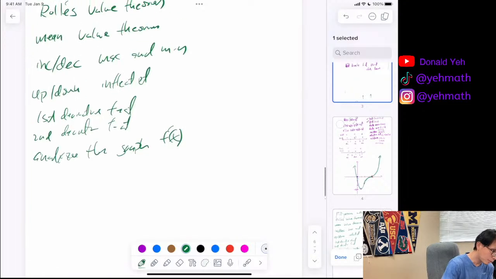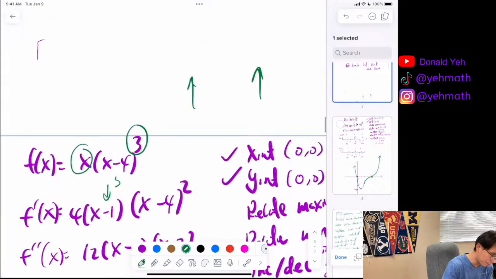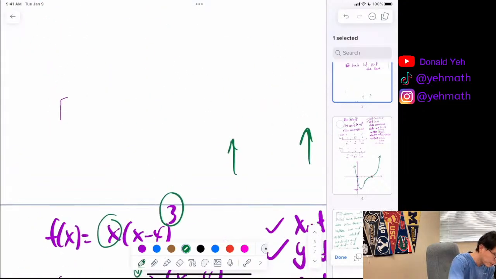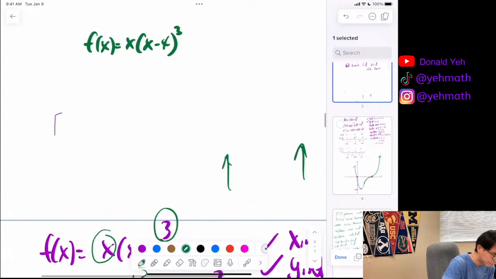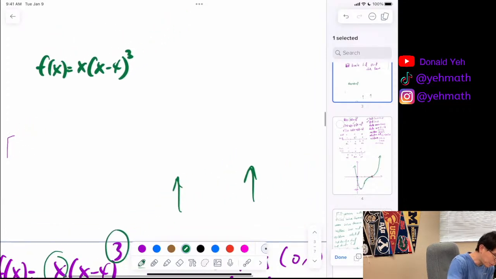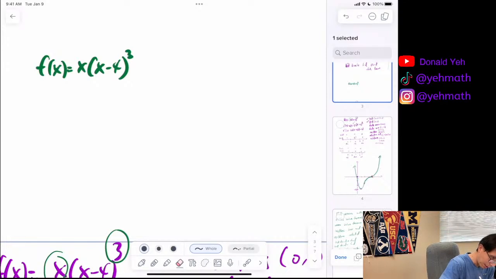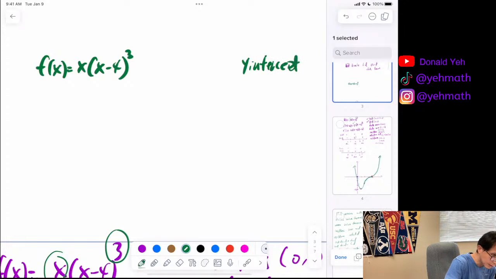Okay. So today I want you to be able to graph this function. f of x equal to x times (x minus 4) to the third power. I want you to find a few things. I want you to find the y-intercept and the x-intercept, which are coordinates.